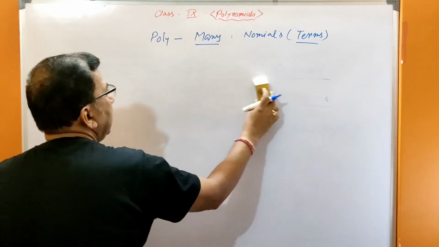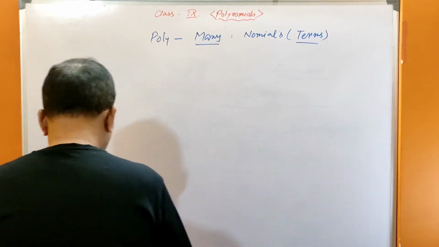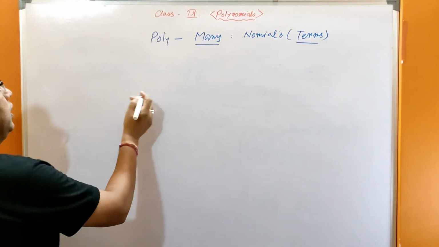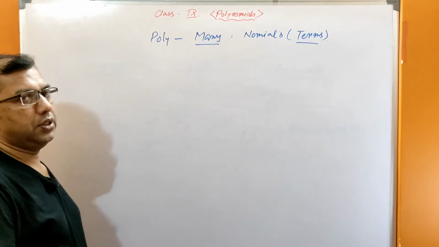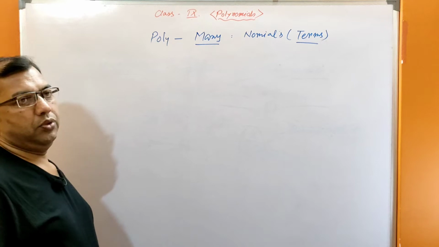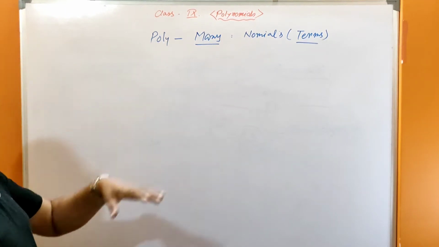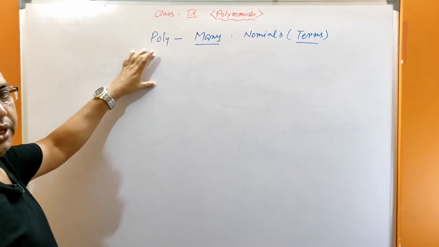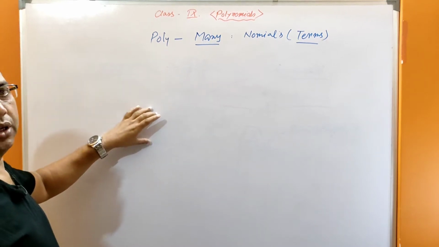Depending upon the degree, or exponent, polynomials can be of degree 1, that is, linear polynomials. I have already told about the types of polynomials depending upon the degree and depending upon the terms. Depending upon the terms, there are monomial, binomial, trinomial, so many terms.